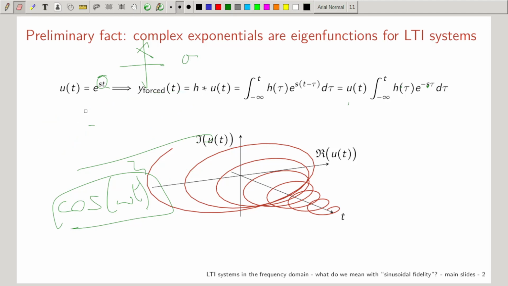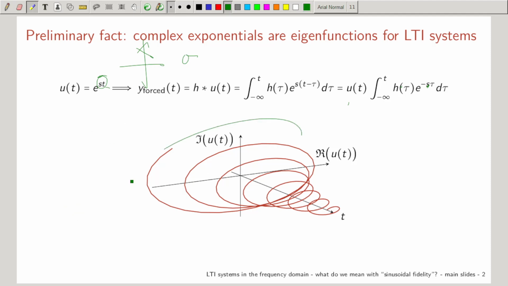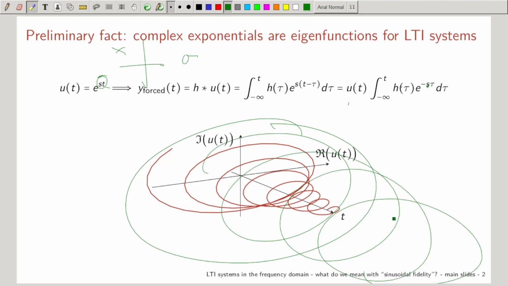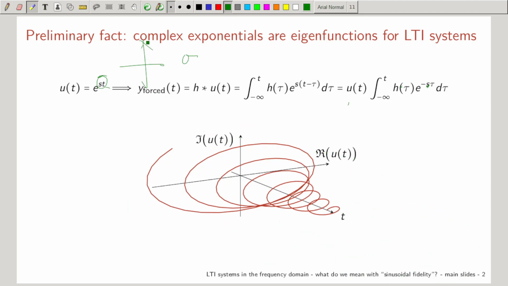Perfect. So if I take this one, it indicates that I've got a sigma with a negative real part. True? If I was seeing something that was staying, it would be like this one. True? If I take the opposite one and I sum them up, I get either a sine or a cosine. Are we together?